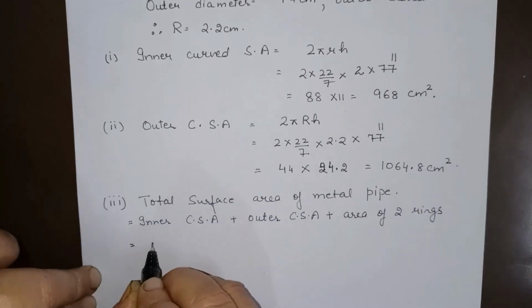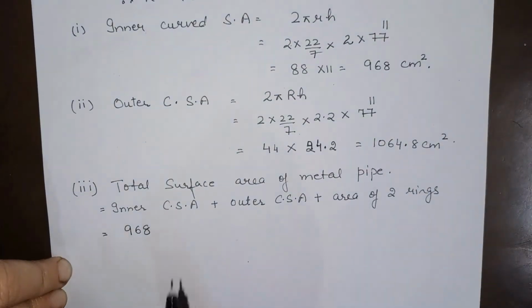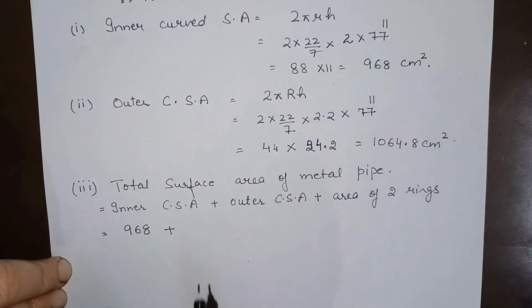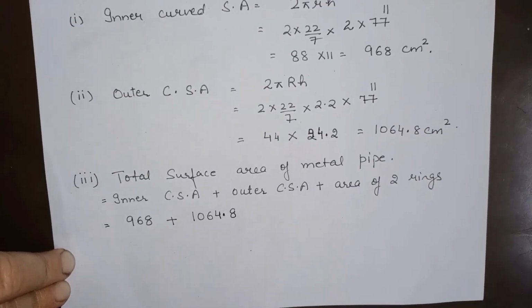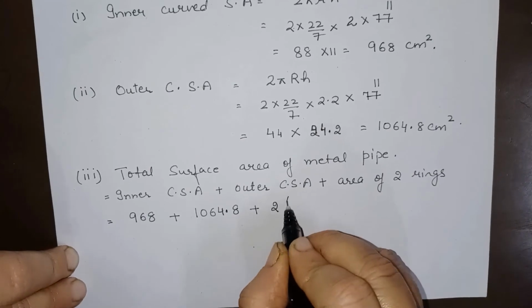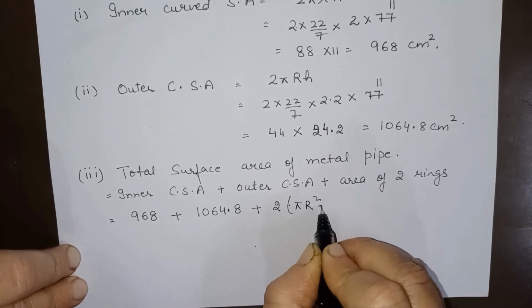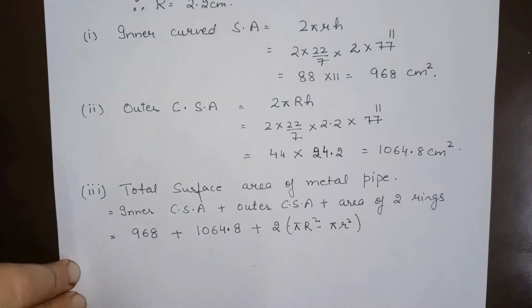Now the inner curved surface area is 968 as we have already calculated in the first part. Outer curved surface area is 1064.8 and area of two rings is given by 2 pi R square minus pi r square, which is the area of the ring.